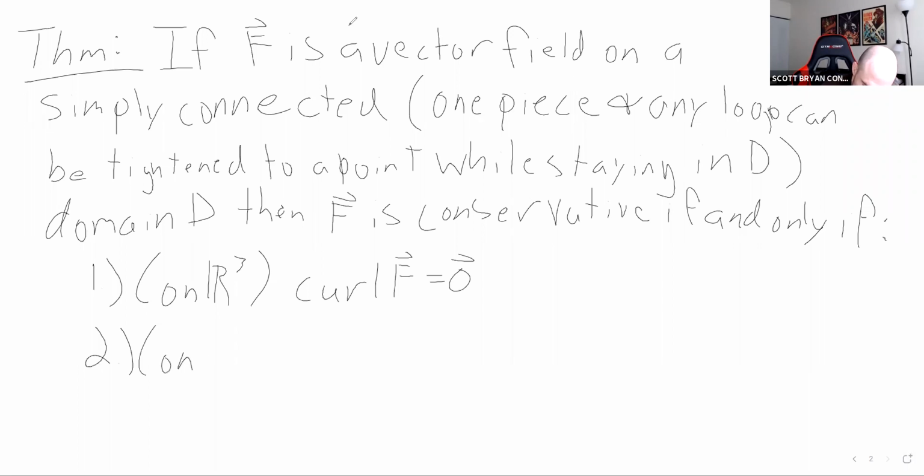And on R2, we're going to have the cross partials thing.